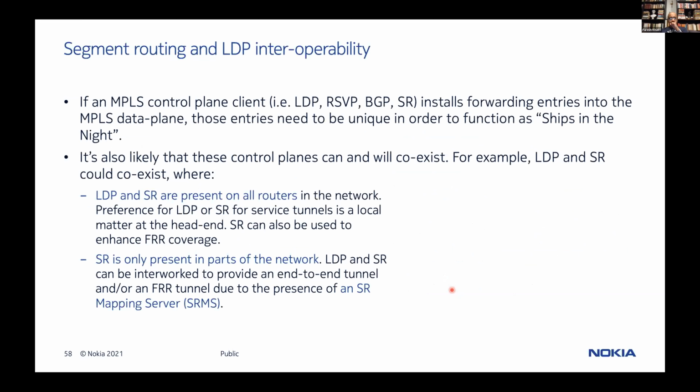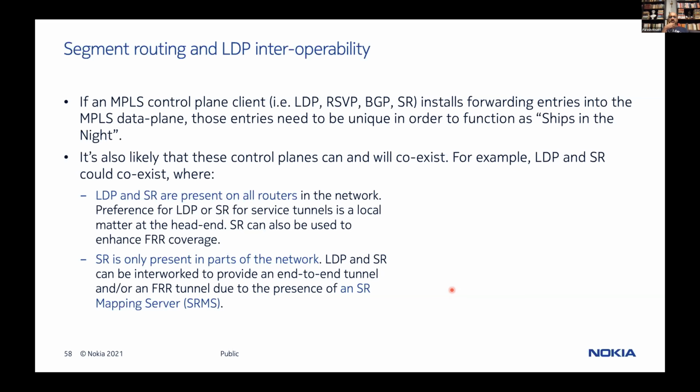Now, just back on segment routing and LDP in particular. When you look at implementations, you'll see that any of the control planes that we have ends up advertising reachability information, forwarding information, and then installing it into the data plane. So IP routers install IP routes, and it's the same for MPLS.